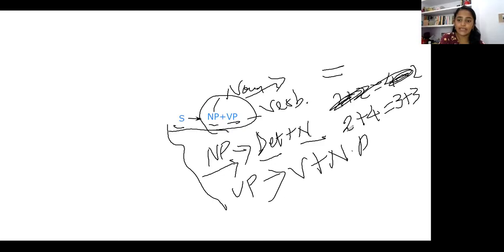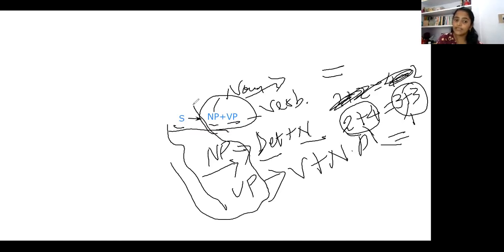So what I'm saying is, what is here can be replaced by what is there, because the value that you get by adding both of these is the same. It's equal. Similarly, in this case also, whatever is towards the left of the arrow can be replaced by whatever is towards the right of the arrow.